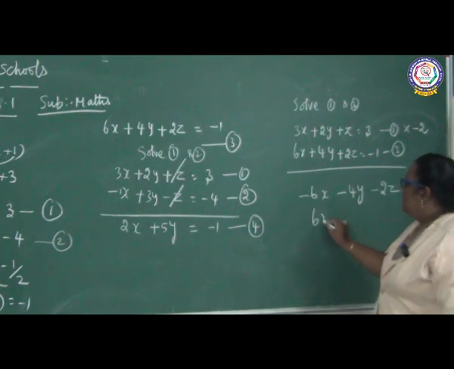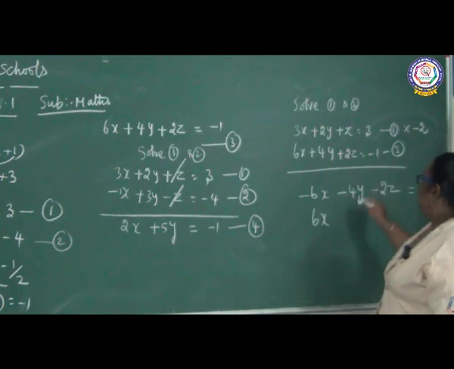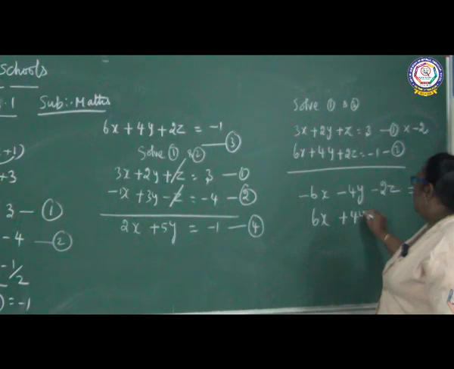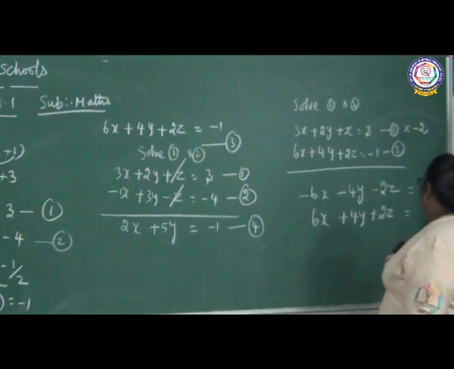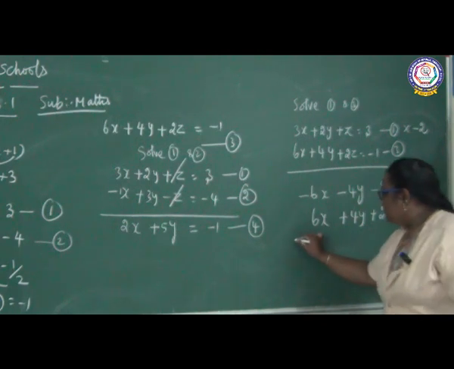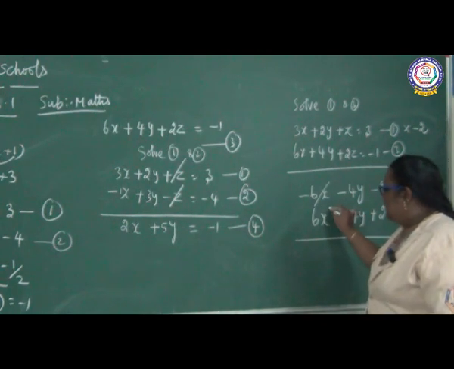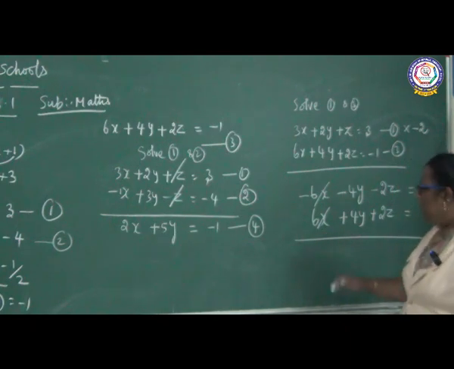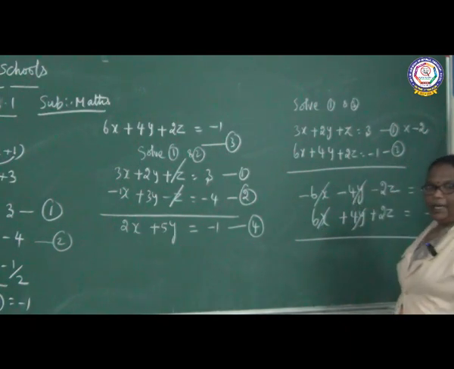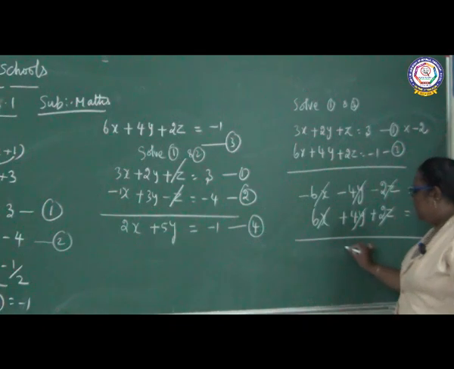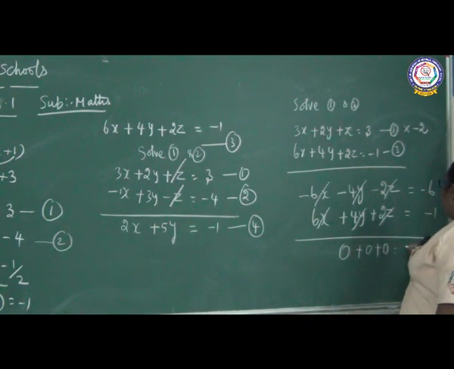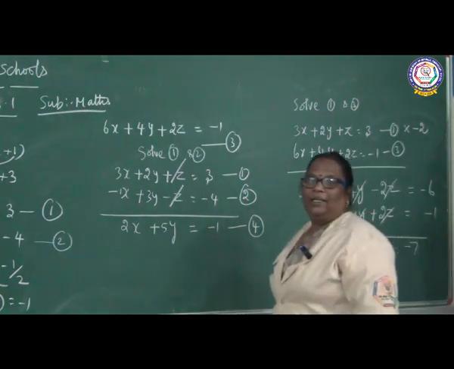Now add 6x plus 4y plus 2z equal to minus 1. Plus 6x gets cancelled, 4y gets cancelled, 2z gets cancelled. 0 plus 0 plus 0 is equal to minus 7.